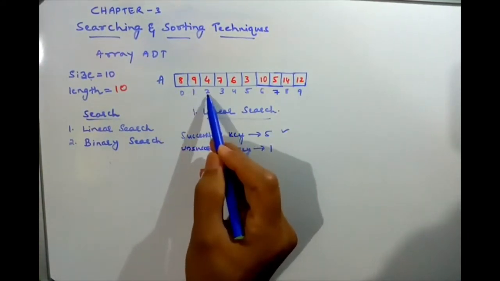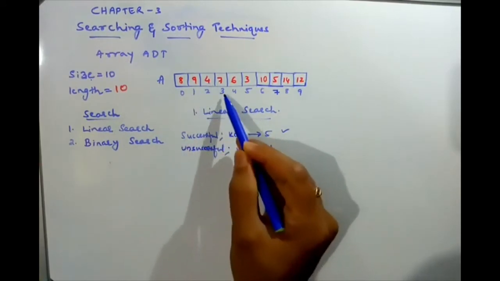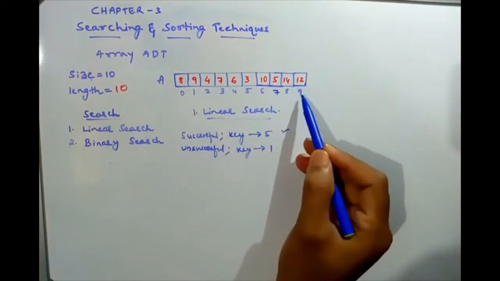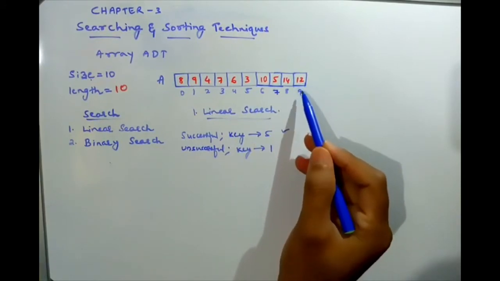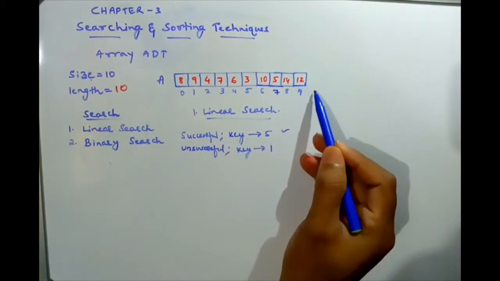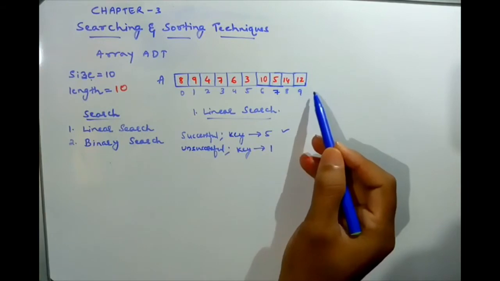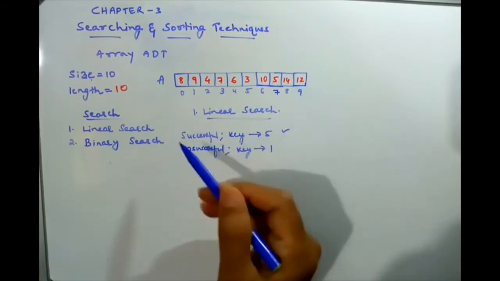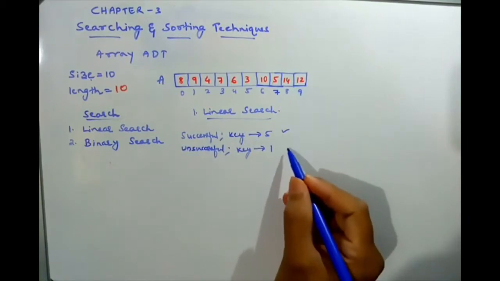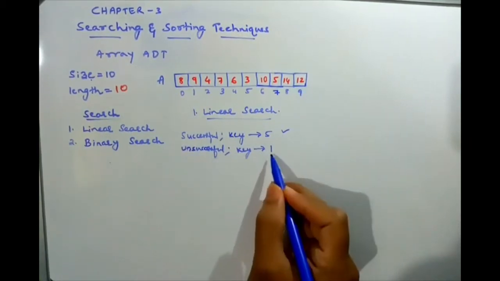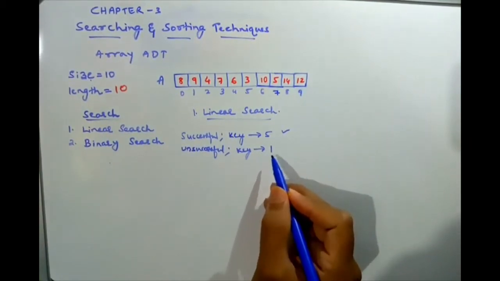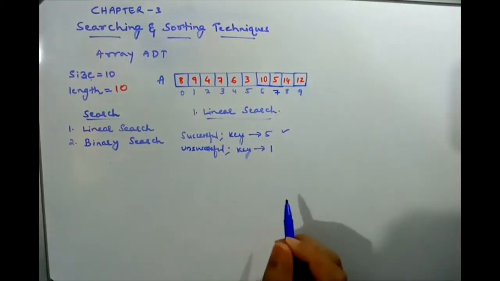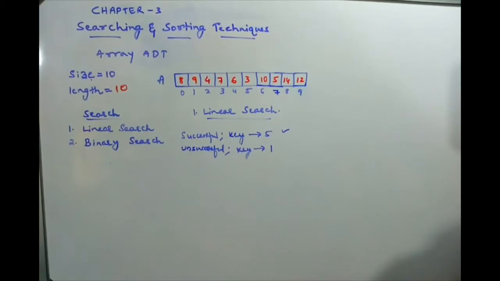No. A of 2? No. A of 3? No. And so on up to a of 9, is it equal to 1? No. And then once it reaches a certain condition, it returns the answer as -1. So in that case the search will be unsuccessful, because you are searching for an element which is not present in the array.